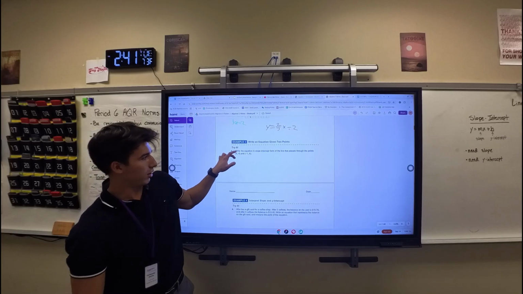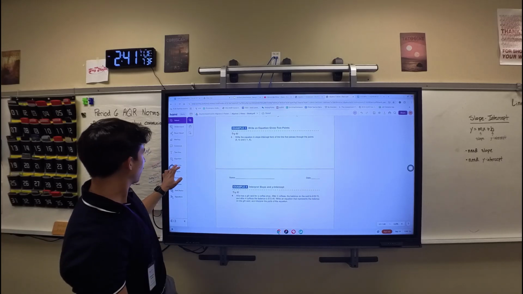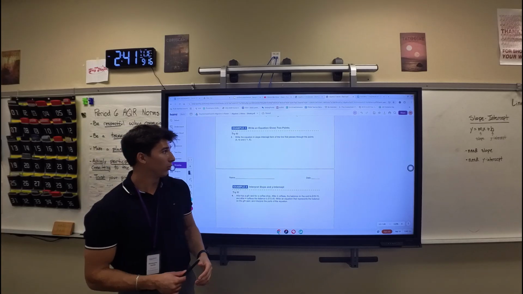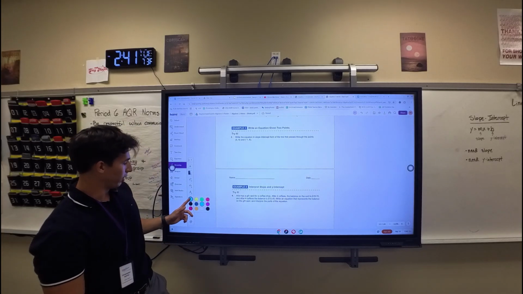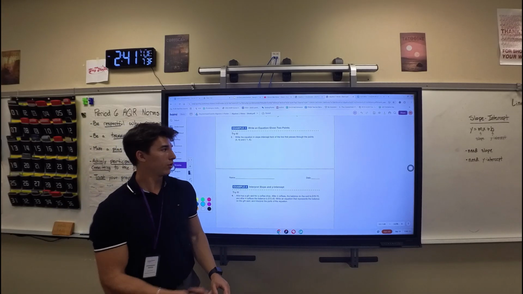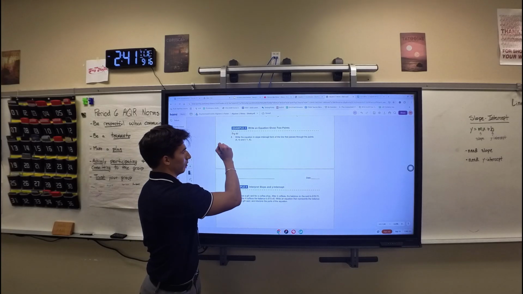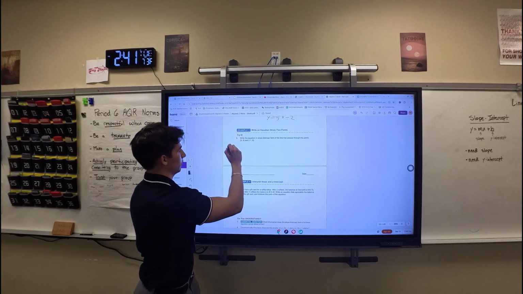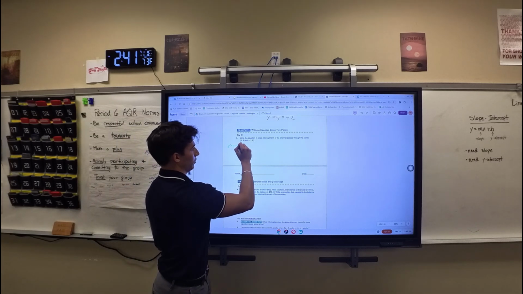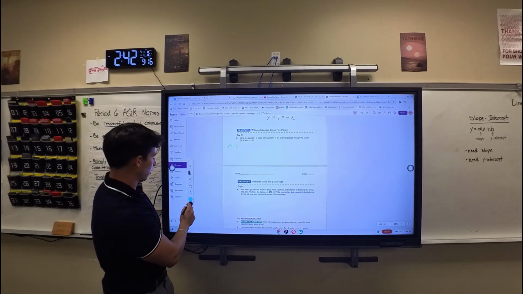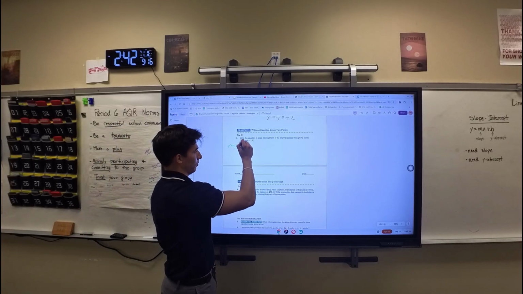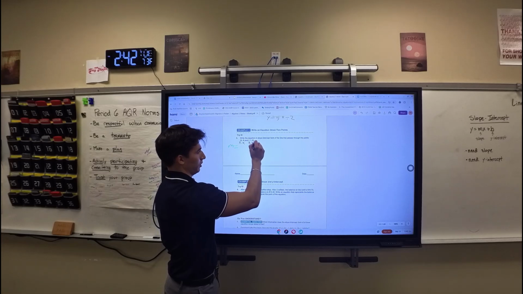And so then on problem 3, we're writing our equation given 2 points. And so we're going to use our formula that we looked at earlier for finding our slope, where m equals, and so now we're going to label our 2 points. We're going to call this point 1, so we're going to say x1 and y1, and x2 and y2.